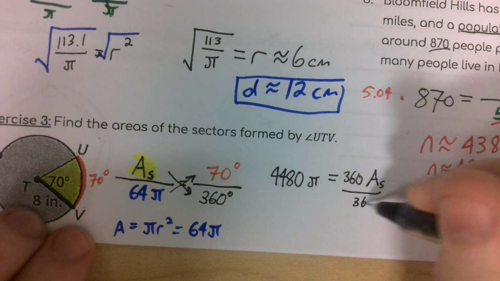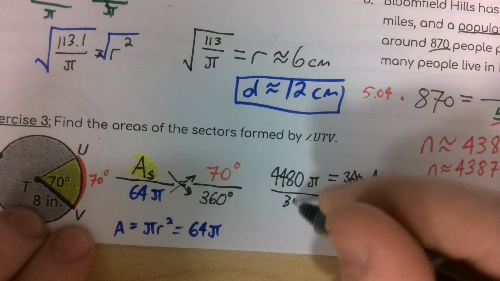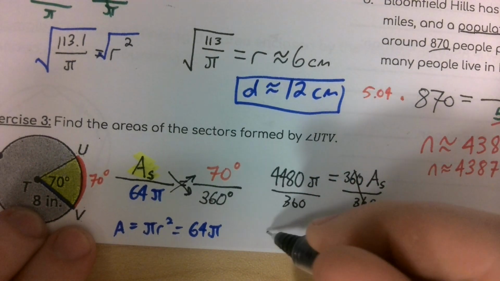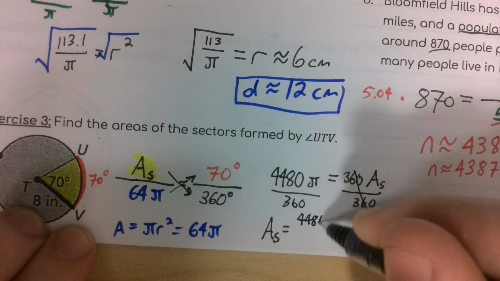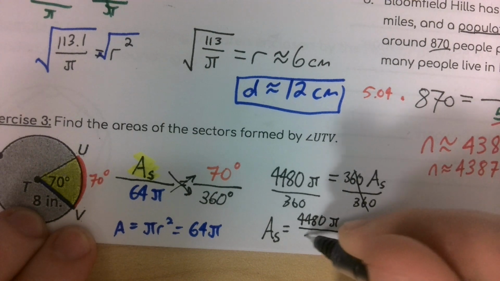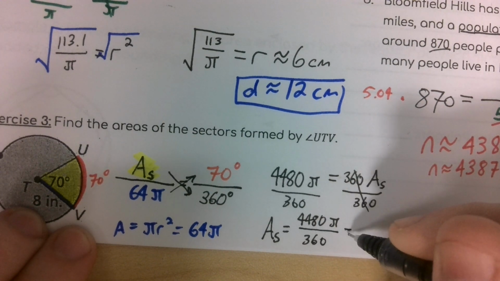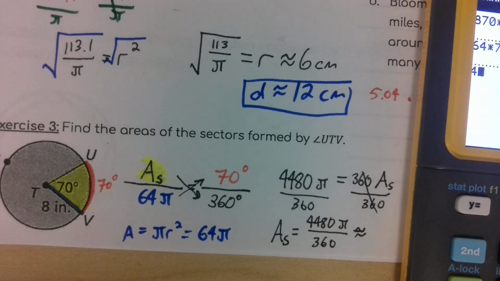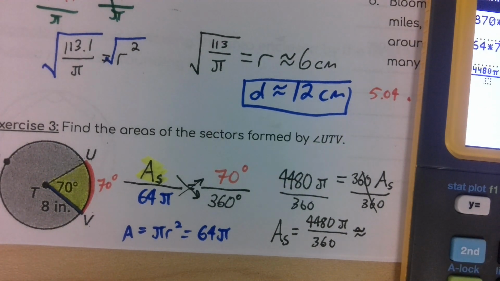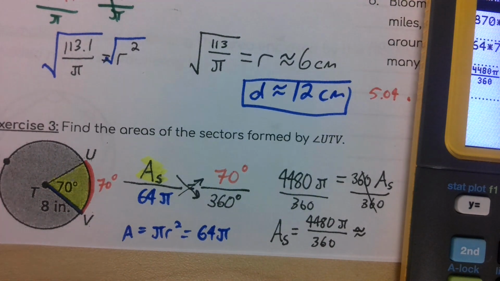To solve, we can divide by 360 on both sides to cancel it out over here, and we get the area of our sector equals 4,480 pi divided by 360, which, if we plug it into our calculator, we get about 39.1.